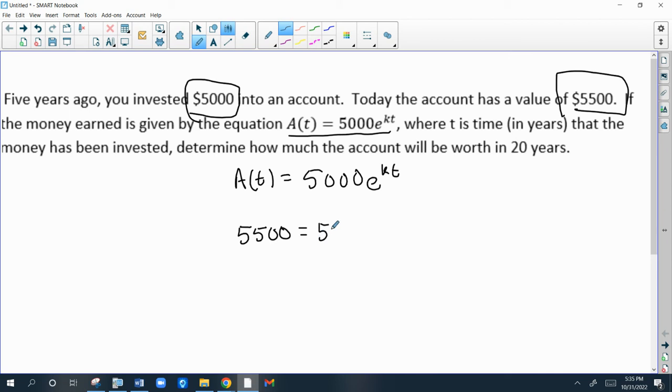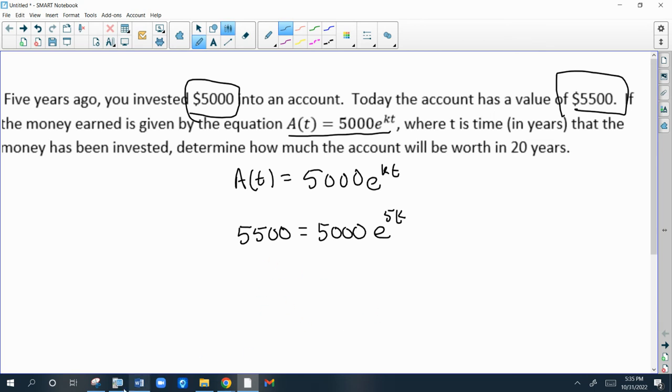And 5,000 is your initial investment, and it took 5 years for that to happen. So we can use that to determine what K is here. So we just have to solve for K.